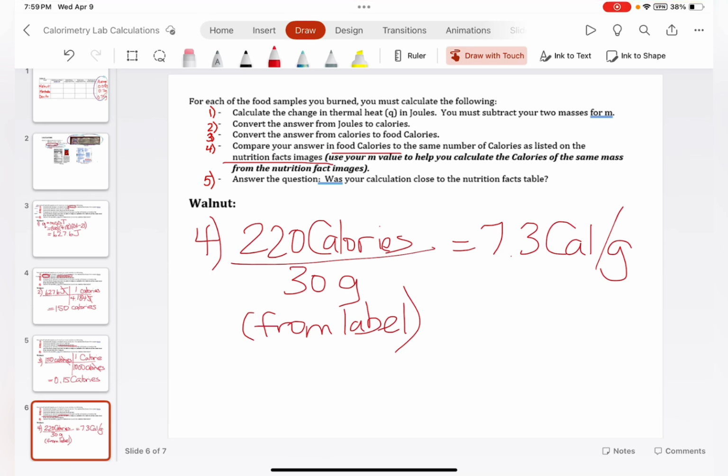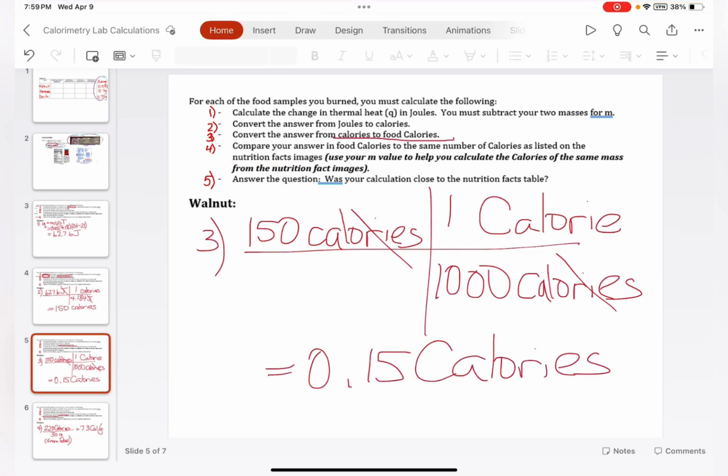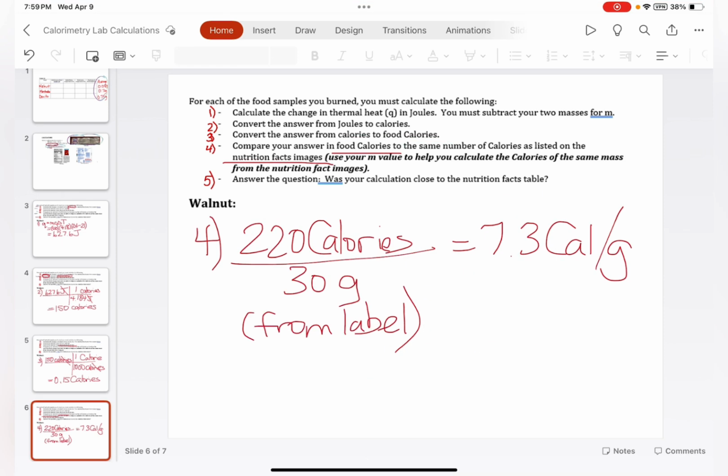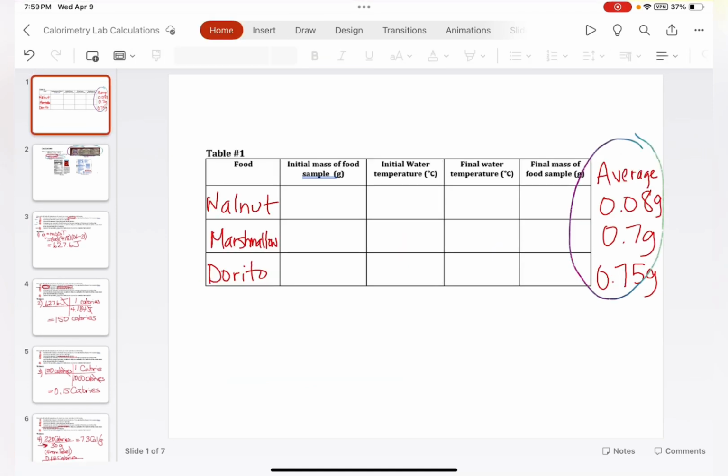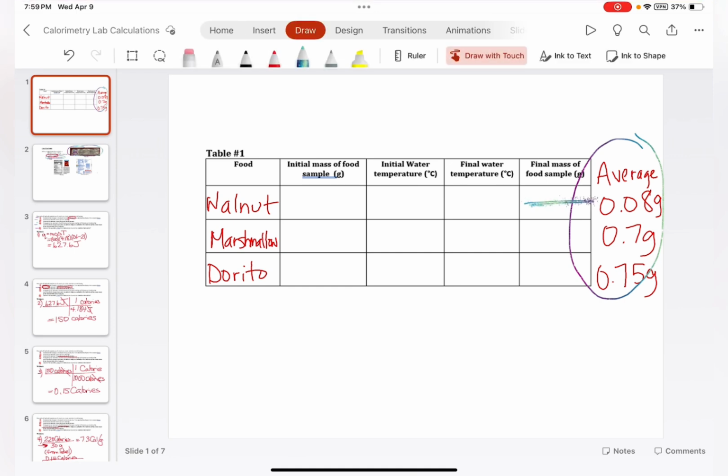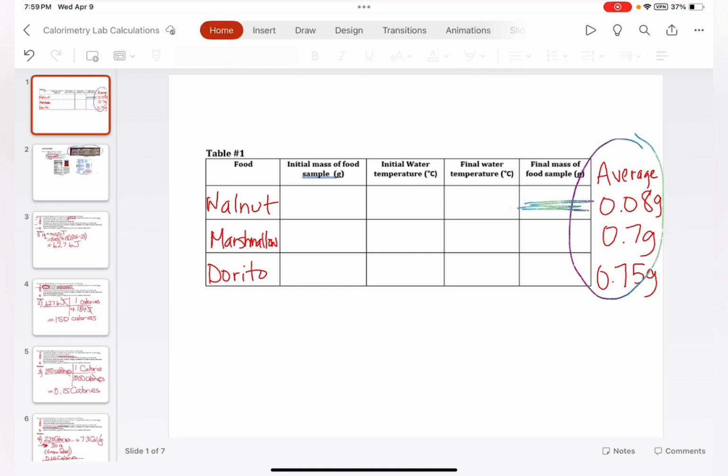Let's do the calculation for the lab. We will need capital C, our answer for Calories, which is on number 3. We had 0.15, so let's go back and write that: 0.15 food Calories. And our mass is on the bottom of this equation, which comes from the class average, 0.08 grams.